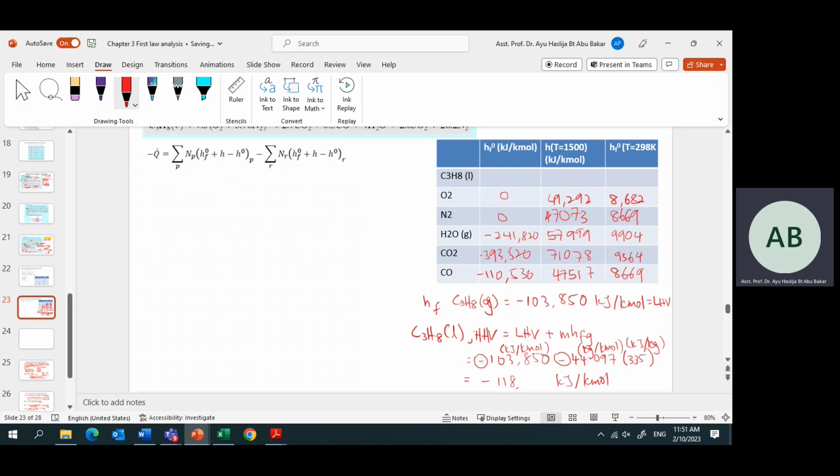But the equation that you need to use is this one. Heat of formation in gas phase, because that one is on gas phase. So now you want to find the heat of formation in liquid phase.